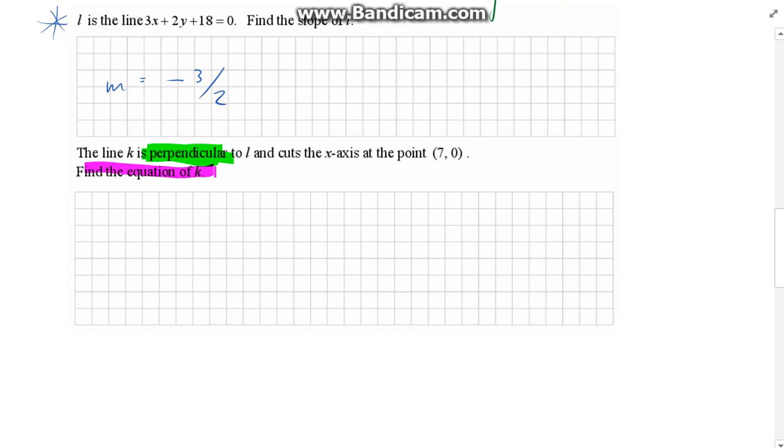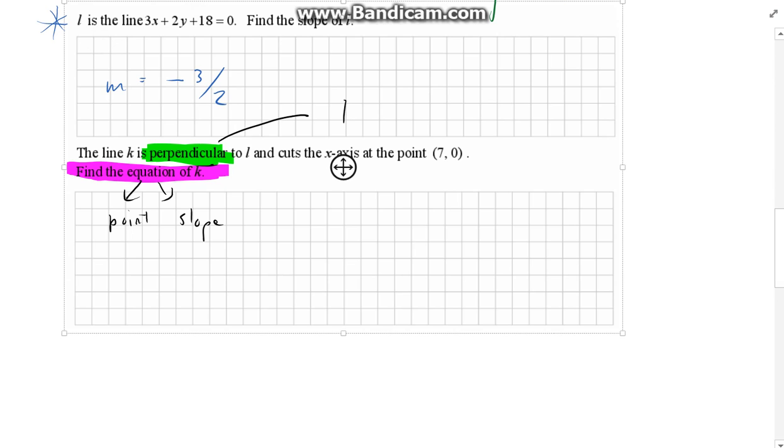I'm going to do a video on the equation of the line anyway, but you should know that for an equation of a line you need a point and you need a slope. The fact that they say it's perpendicular really has to stand in your head. Perpendicular slopes, when you multiply them by each other, give you minus 1.